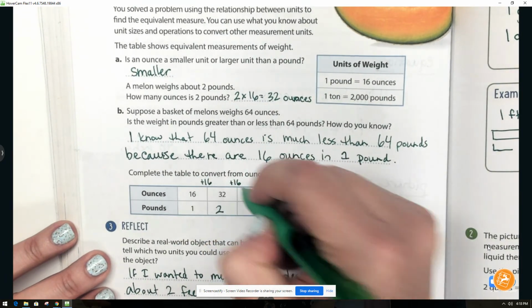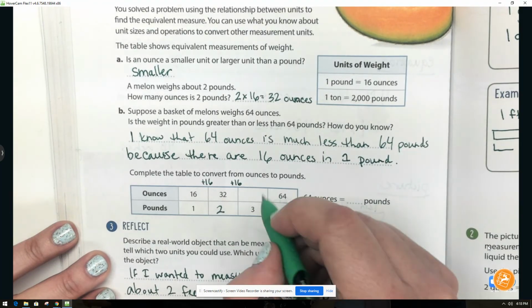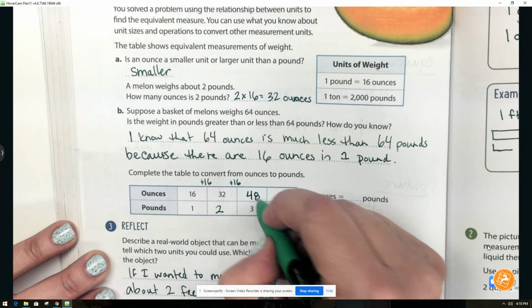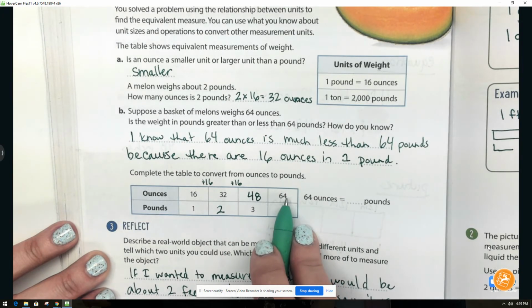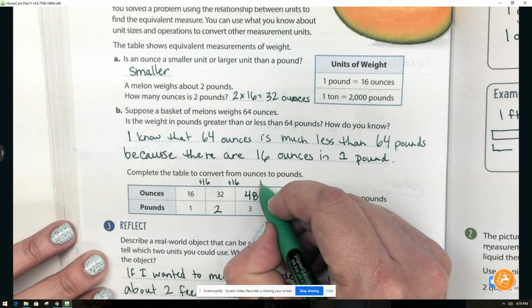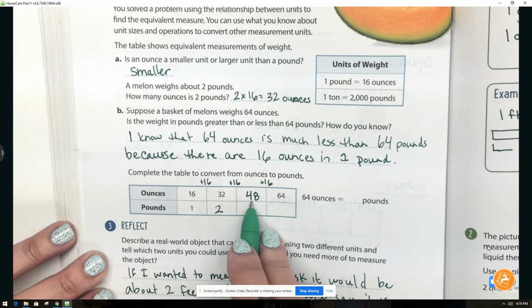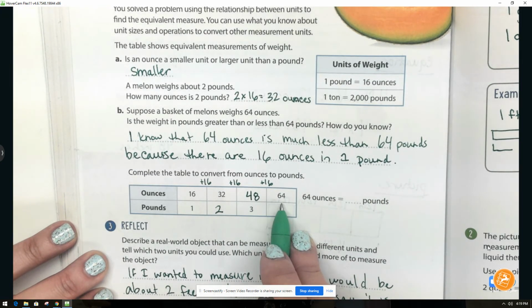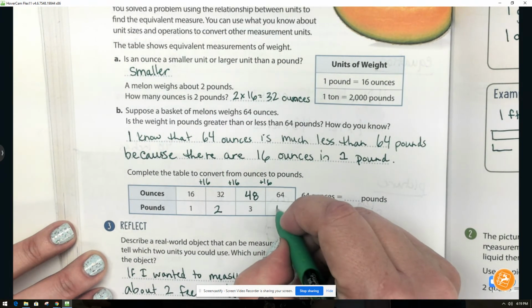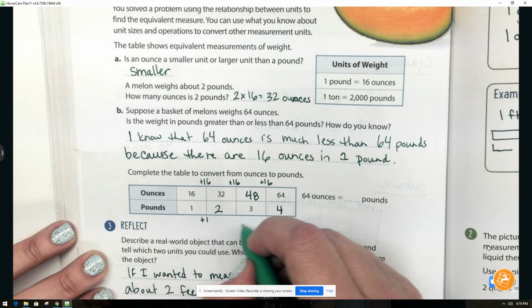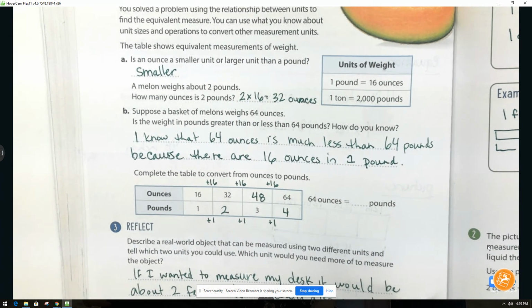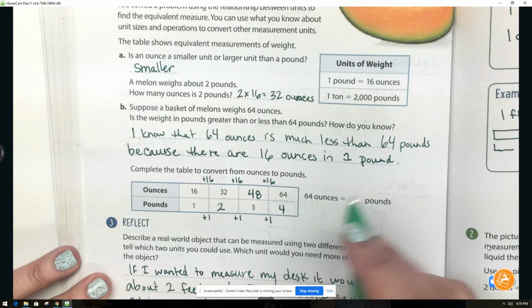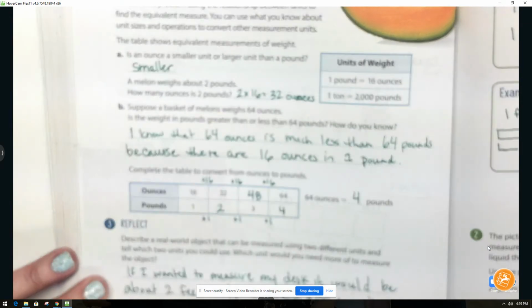So if we added 16 to 32, that would be 48. So 3 pounds would be 48 ounces, and 64, because if we add 16 to 48, we get 64. And 64 ounces would be 4 pounds, because each time we go up in pounds, we're only going up by 1 pound each time. So 64 ounces equals 4 pounds.